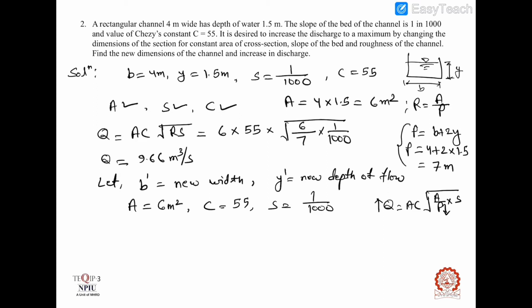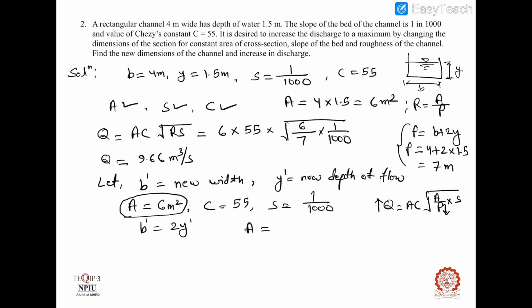It means to have maximum discharge we have to design the channel for most economical condition. And for most economical condition for rectangular channel, width should be equal to 2 times of depth of flow. Clear? And area of flow we know is 6 meter square.